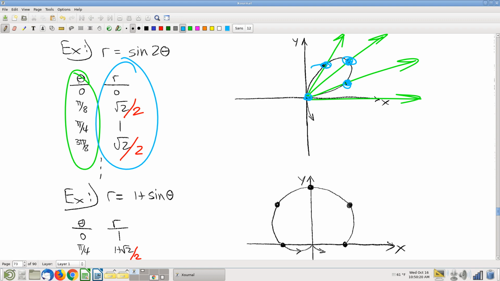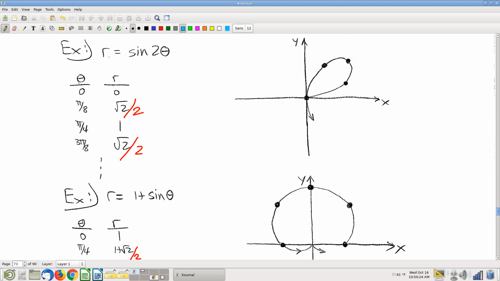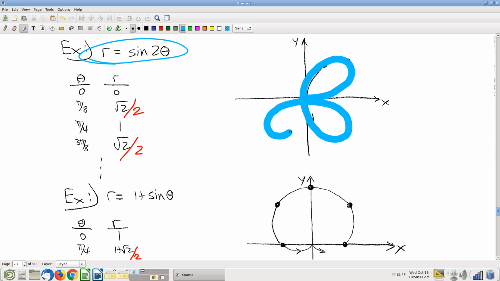And there are some kind of weirdo, wacky examples, and these are interesting. This one here, r equals sine 2 theta, does this weird move. And it goes around like this. Well, that's neat. It's fun to plot through. It's a nice exercise. I encourage you all to plot through some points and persuade yourselves that it does this.